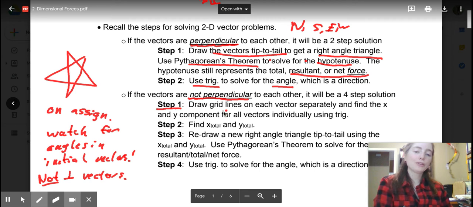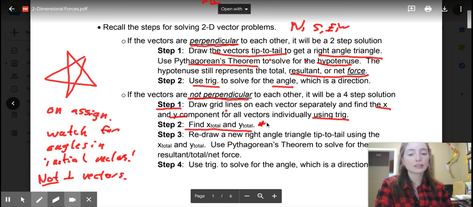So step 1, you're going to have grid lines on each vector, and you're going to find the x and y component of these using trig. Okay, SOHCAHTOA. You do not need to memorize SOHCAHTOA. You already have that on your data sheet. And you are going to find your x total and your y total.